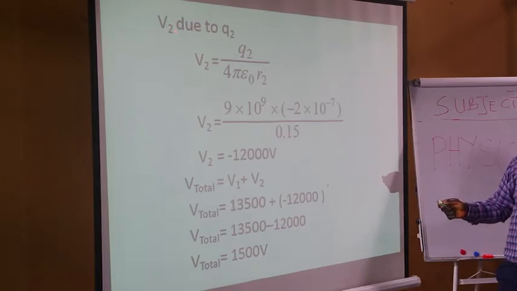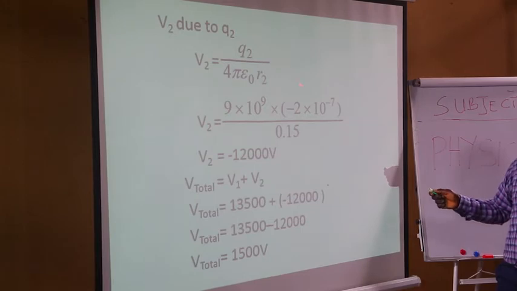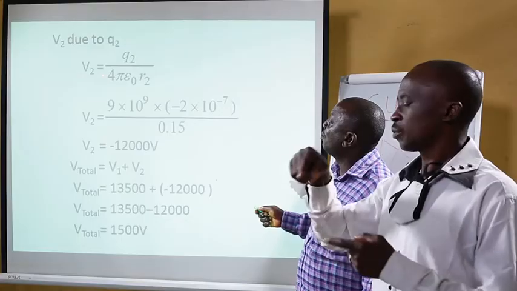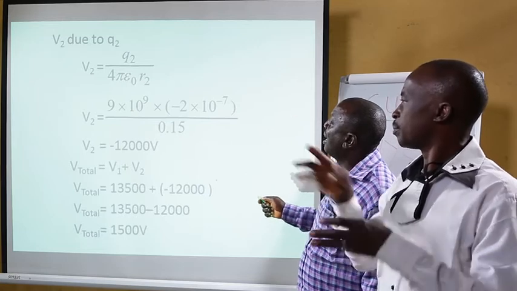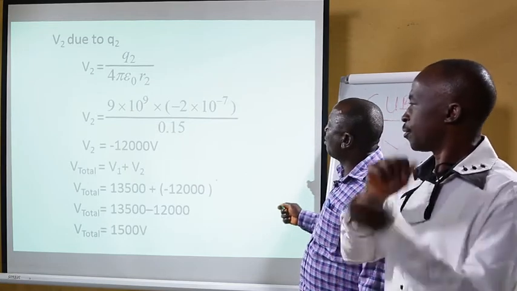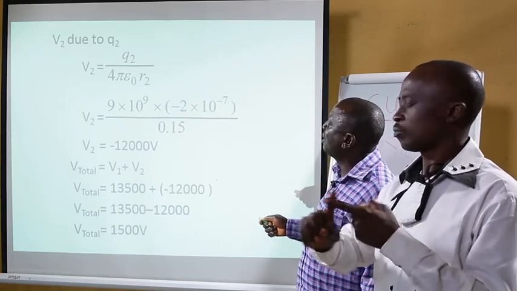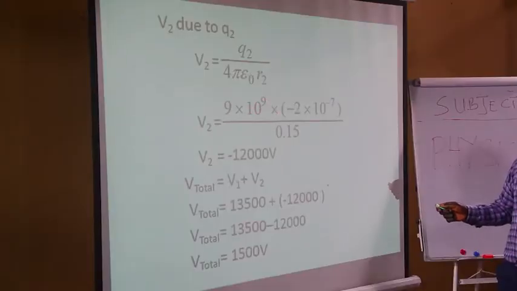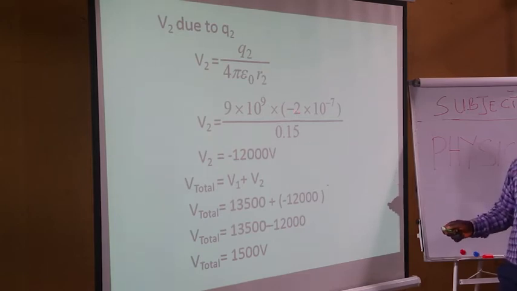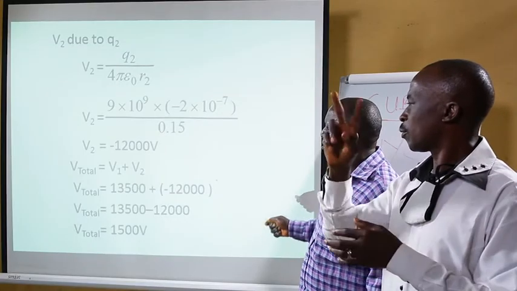So V2, the second potential due to Q2, the second charge, we have V2 equals Q2 all over 4 pi epsilon naught R2. Substituting in our values, we will have V2 equal to 9 times 10 raised to the power 9 times bracket minus 2 times 10 raised to the power minus 7 over 0.15. And V2 will be equal to minus 12,000 volts.